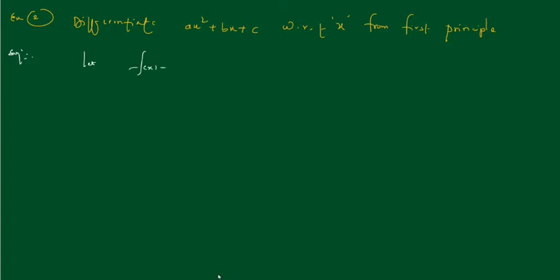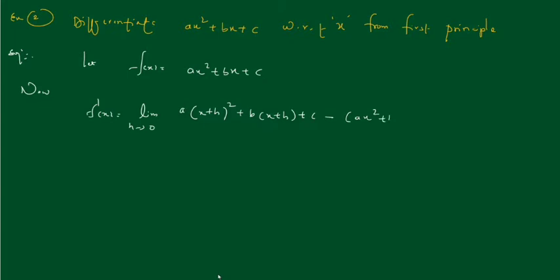First write down, let f of x be the given function ax square plus bx plus c. So now f dash of x can be written as limit h tends to 0, a times x plus h whole square plus b times x plus h plus c minus of ax square plus bx plus c, whole divided by h.